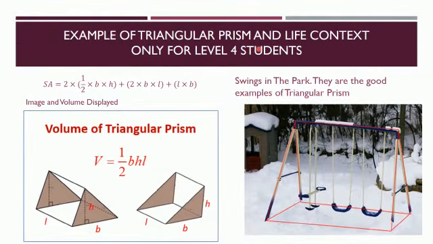Example of a triangular prism and real life context for only level 4 students. You remember the swing in the park. That is a good example of what we call a triangular prism, where we have this part as the base, the two parts are the triangles, and this space and the other space there become your rectangles.